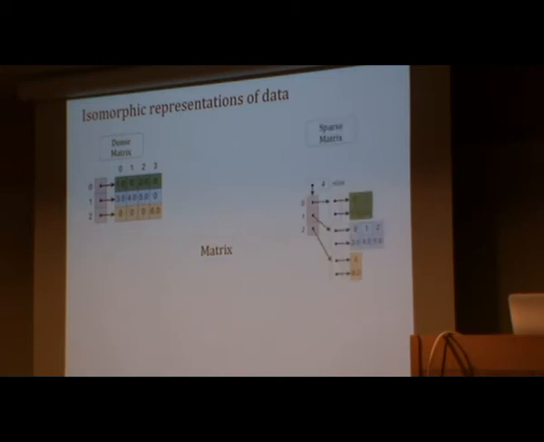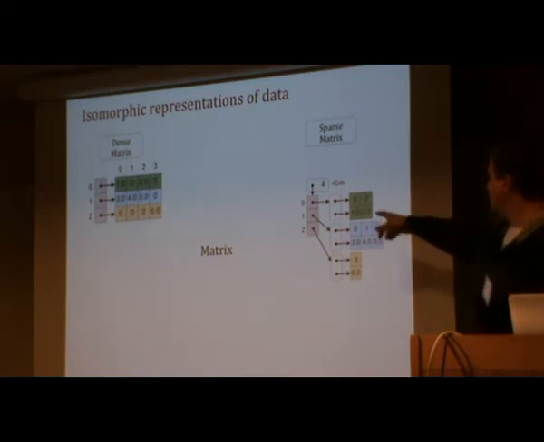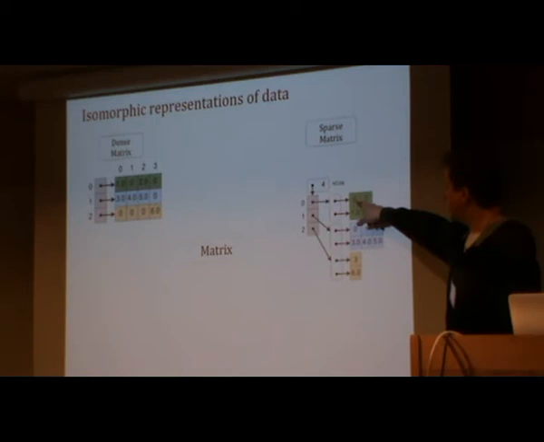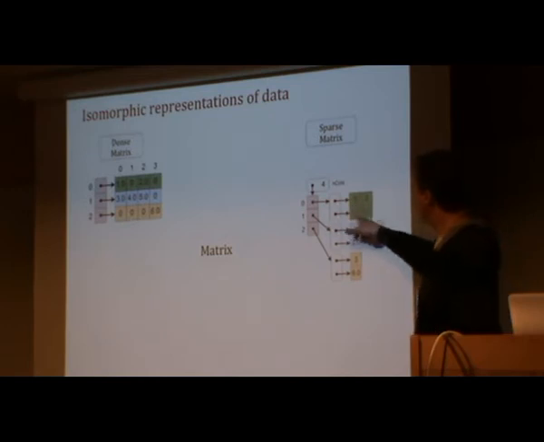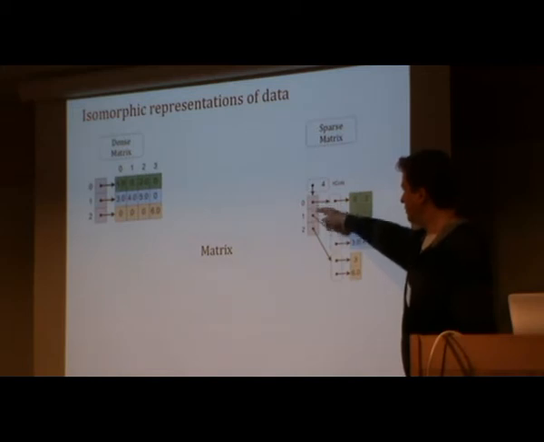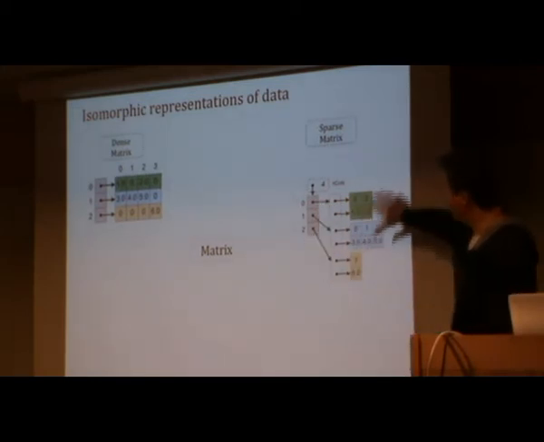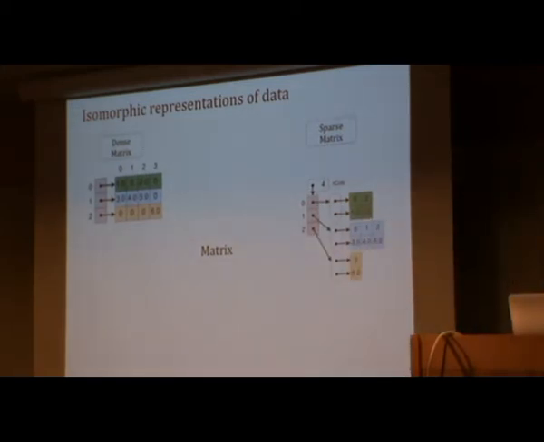But we can also represent this matrix in a completely different way, with a sparse representation of rows. This is a column index. This is a value that we want to keep. It's like an array of pairs, and we keep each row in a single pointer. So this is a different representation.